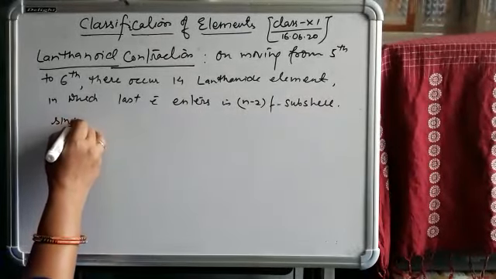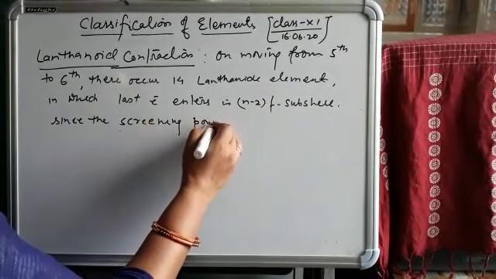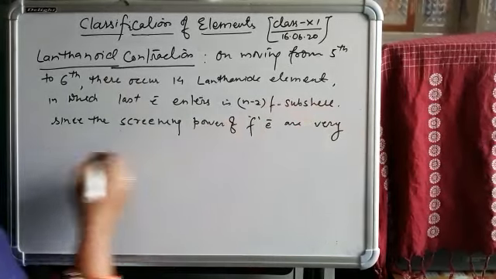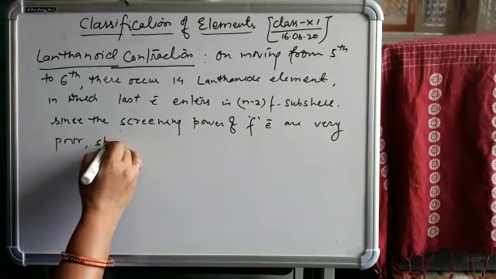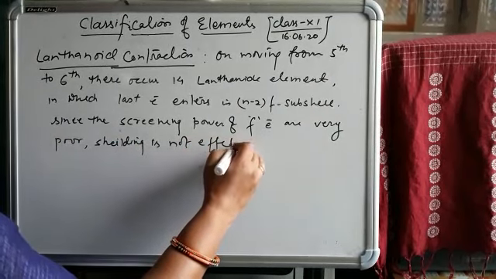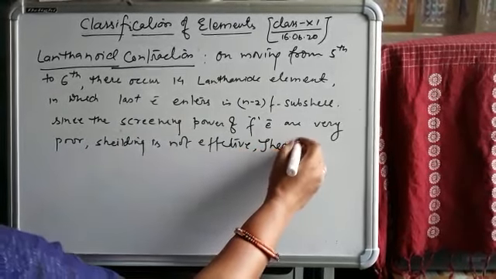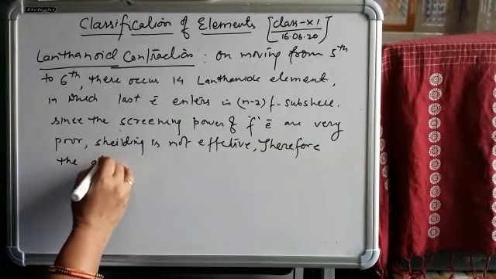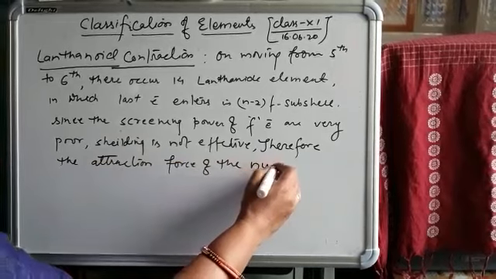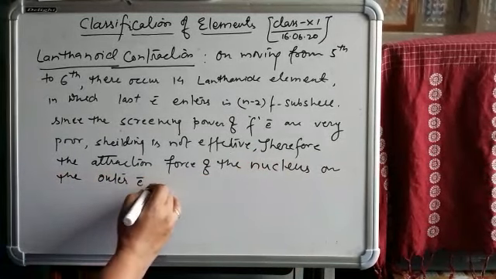Since the screening power or effect of f electrons is very poor, shielding is not effective, therefore obviously the attraction force of the nucleus on the outer electron increases.